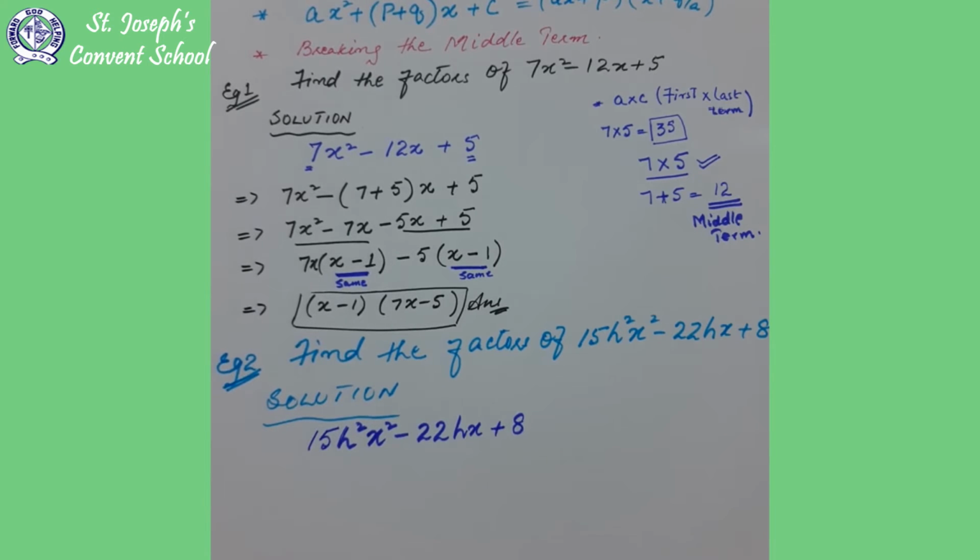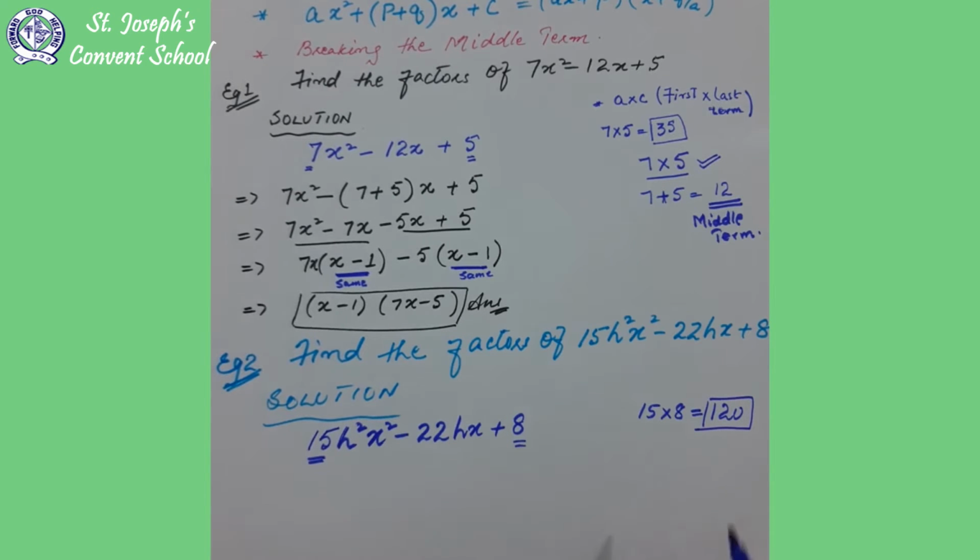You don't have to do anything with the variables. Okay, variables will remain as it is. You have to check their numbers only. Now this is 15. First and last you'll multiply. So 15 into 8. 15 into 8 is 120. Now you have to check this 120 goes in which table.